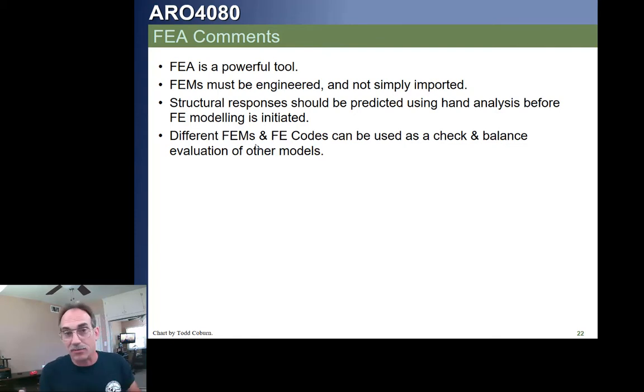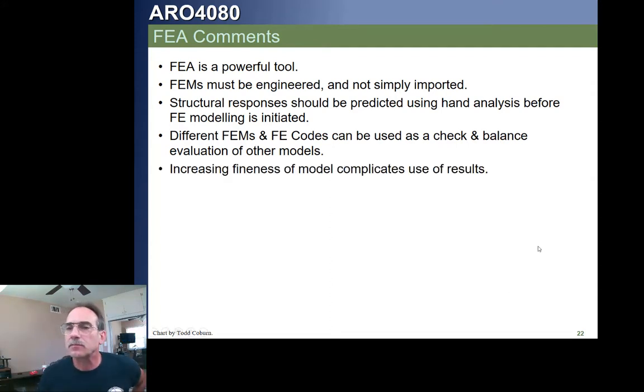If we're seeing completely different results, like on that one little dynamic problem we saw earlier, that would indicate that probably our answer is not very good. But if all those codes show the same numbers, then we don't have a mathematical problem, so our only problem would be with the idealization, the loading we applied, or the constraints. That gives us a little more confidence that the model might actually be good.